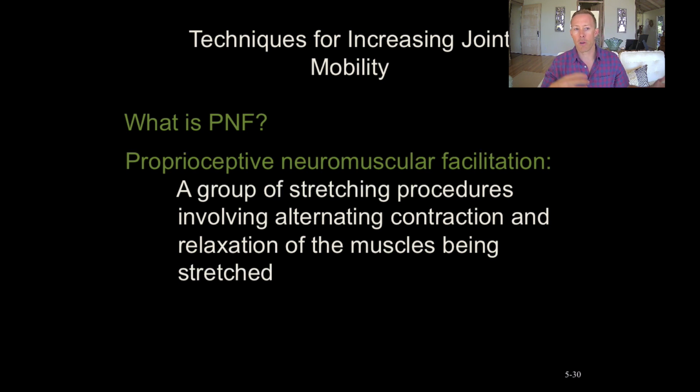So you might think of a partner stretch: you're stretching someone's hamstring, and you go up to where they're tight, and then they push back into you for 5 seconds, and then they relax, and you can stretch a little farther. If you've ever experienced that, that's a PNF type of stretch, where you have this contraction, and then when you let go of the contraction, you can go a little farther. You can do these on yourself, too. If you had a stretch strap, you could do a contract-relax.